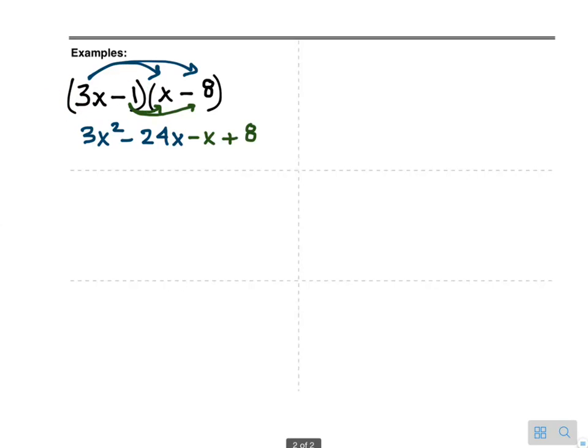And we are not ever multiplying these terms together. That does not happen, okay? So just being super specific. They have to be multiplying to the other polynomial. Here I've got some like terms, the x's, so negative 24x and negative x. Putting those together, I get 3x squared minus 25x plus 8.